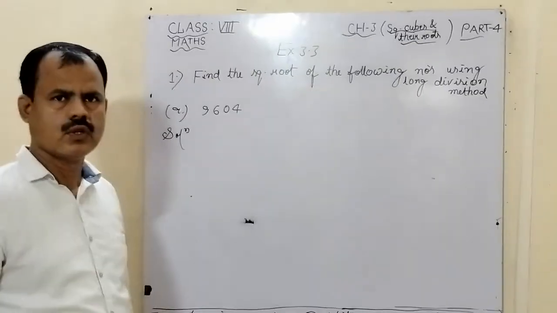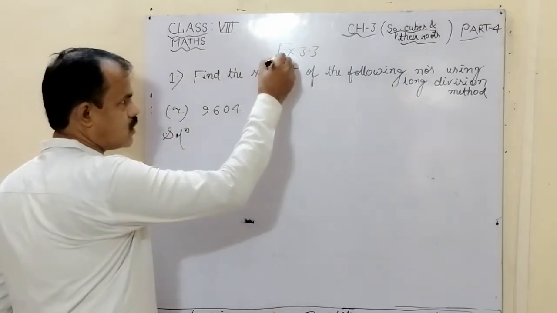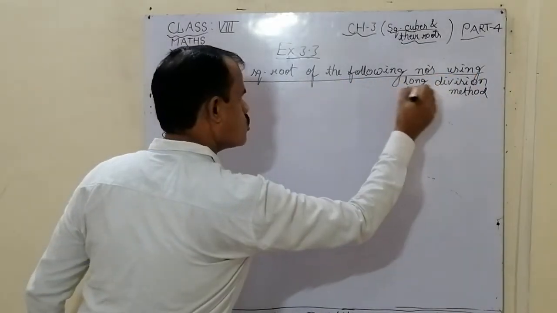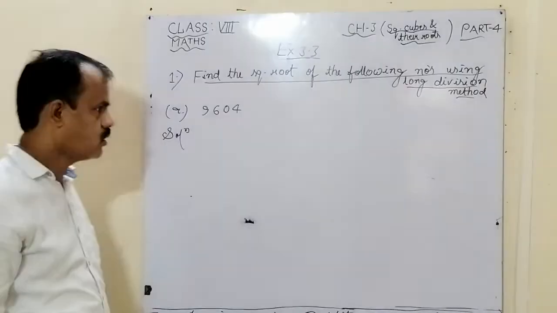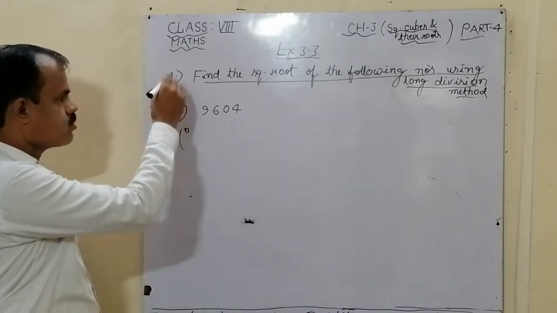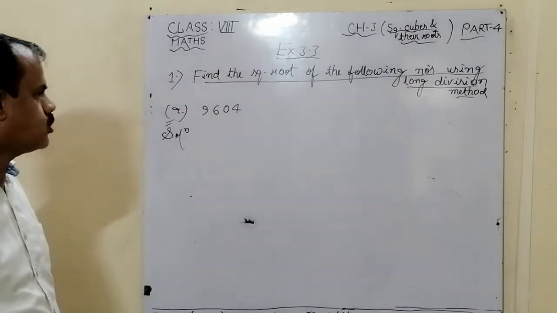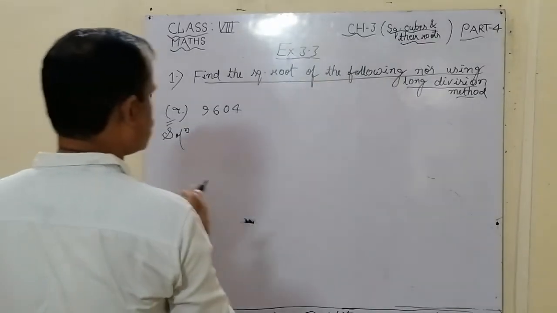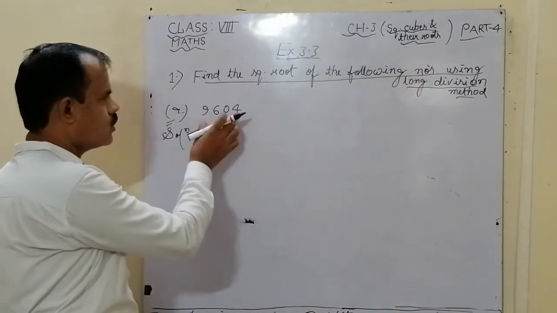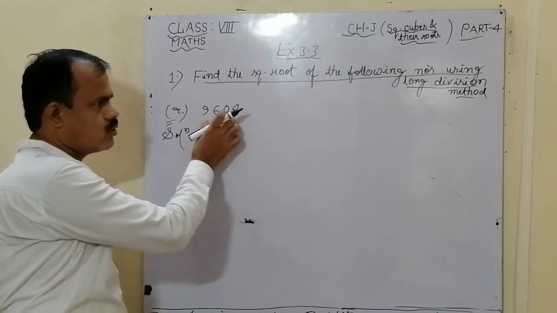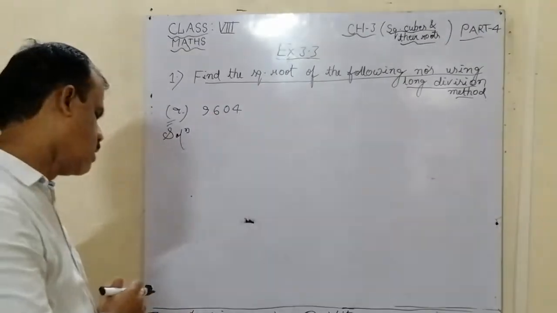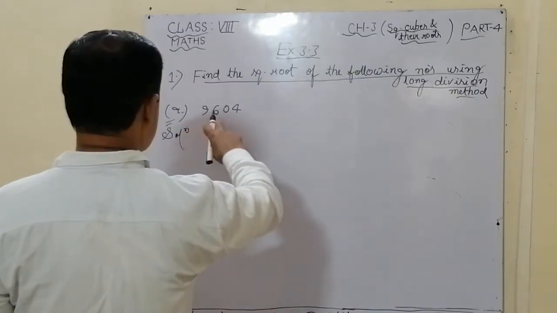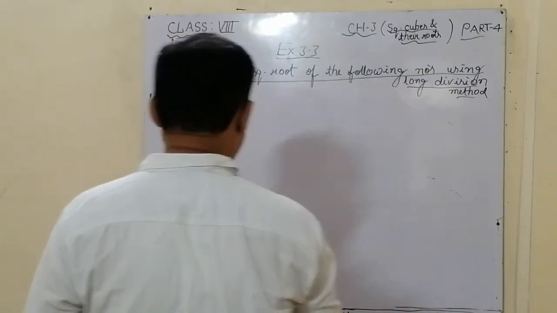Yes, students. Starting exercise 3.3, find the square root of the following numbers using the long division method. This is the first question, A part, 9604. So students, we have to learn how we find the square root by the long division method. Make 9604 as the dividend.